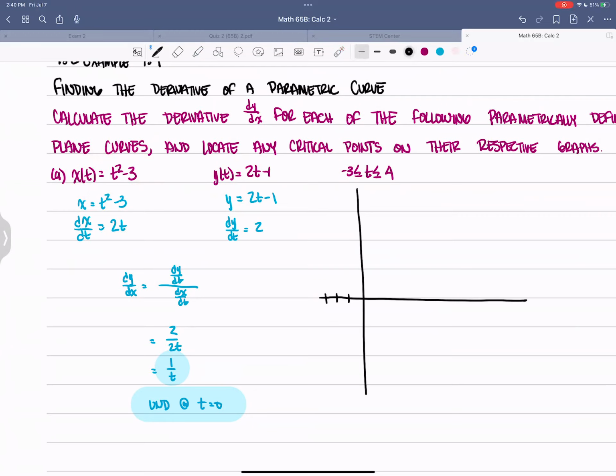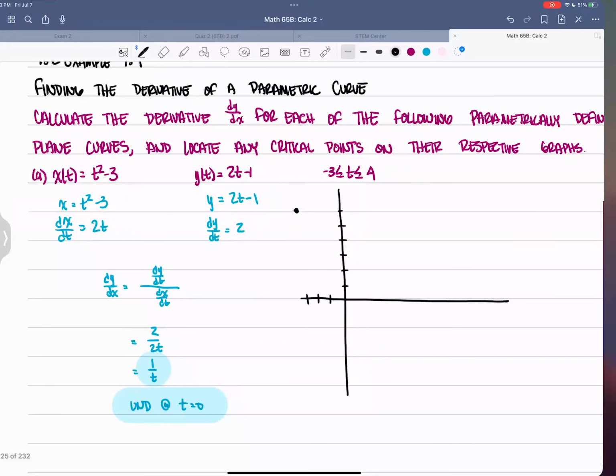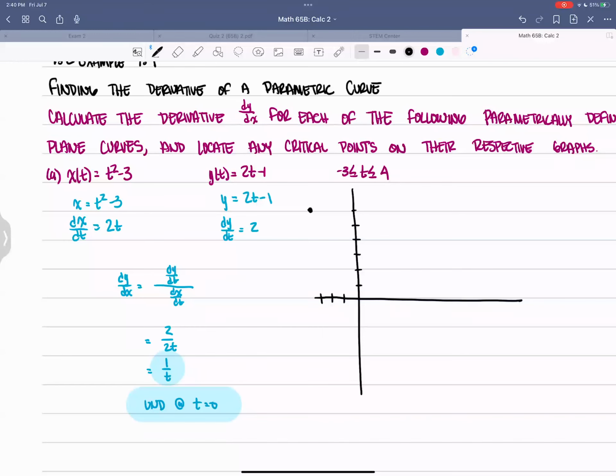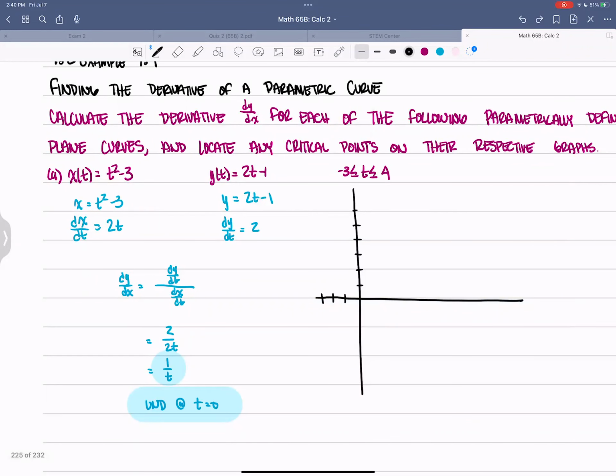So positive 6 would be over here. 1, 2, 3, 4, 5, 6. And let's see what y is at this point. So -3 is going to give us -7. So 1, 2, 3, 4, 5, 6, and 7.